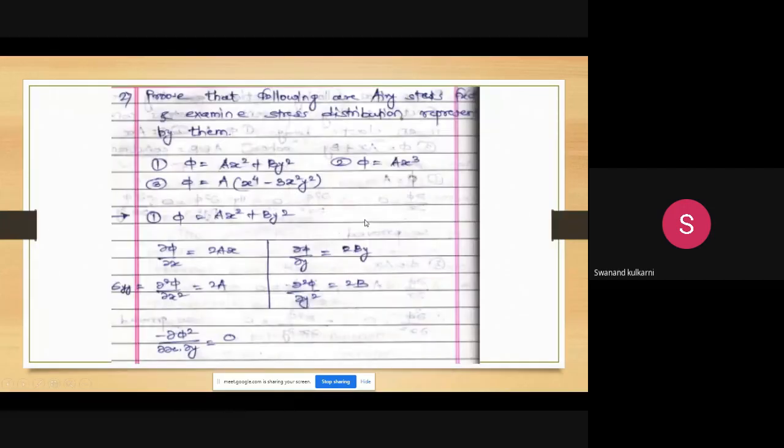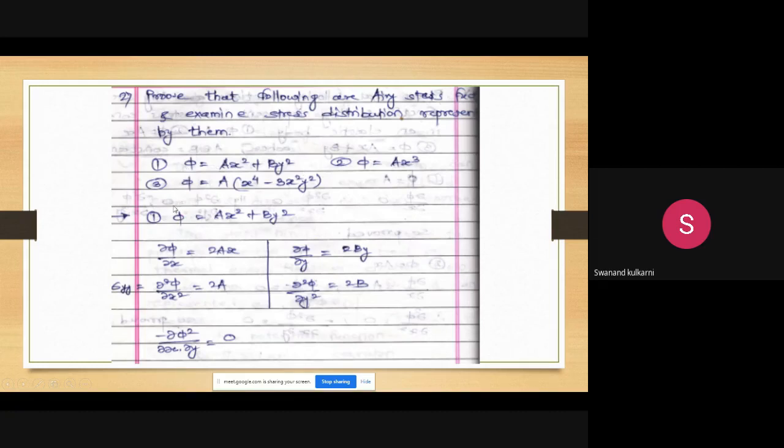So first of all, before starting this example, we should prove that del raised to 4 phi is equal to 0, and if it is proved, then definitely this example is under Airy stress function, and by using the concept of stress strain we can solve them. Is it okay?